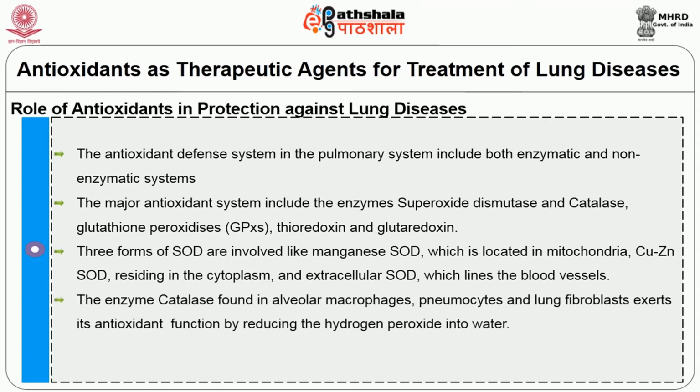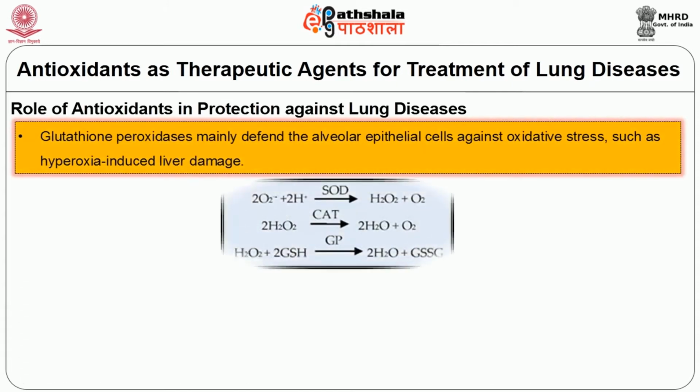The enzyme catalase, found in alveolar macrophages, pneumocytes, and lung fibroblasts, exerts its antioxidant function by reducing the hydrogen peroxide into water. Glutathione peroxidases mainly defend the alveolar epithelial cells against oxidative stress such as hyperoxia-induced lung damage.